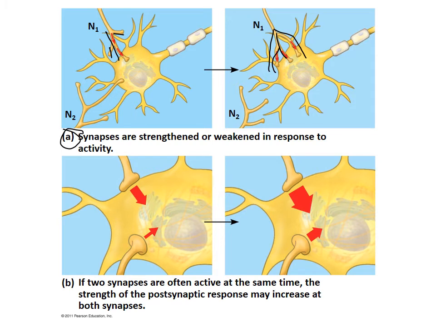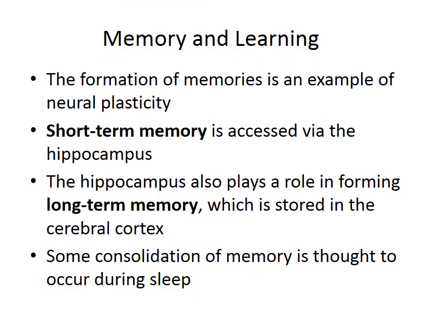If there are two synapses often active at the same time, the strength of the postsynaptic response may increase at both synapses. So this is how we learn at the cellular level.